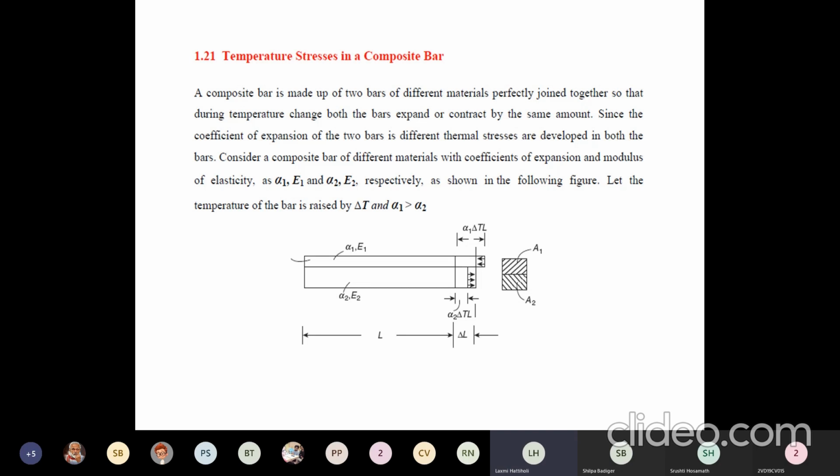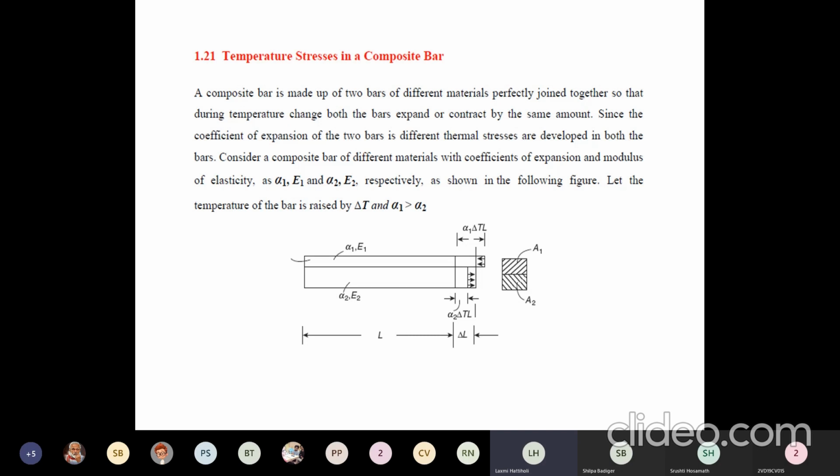When the two materials are held in position, as you can see in this picture, and the temperature is changed, both the materials either expand or contract by the same amount. This is a very important concept.